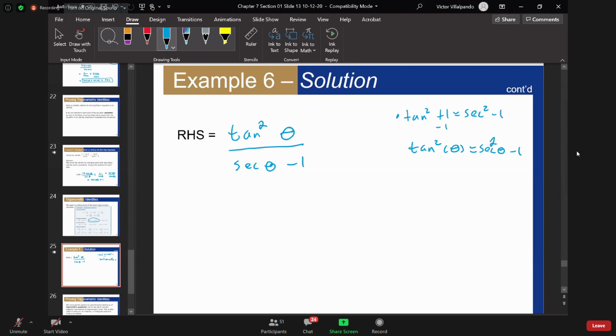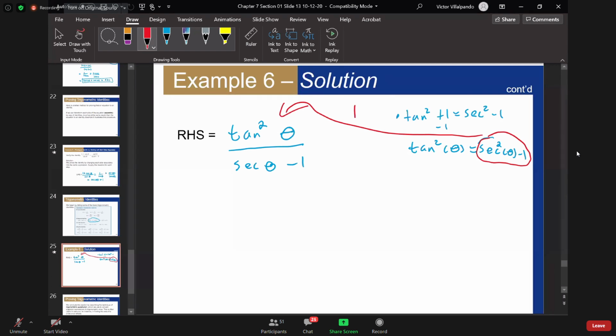Do you see what I'm doing now? It's virtually the same thing, but I'm working with another one of Pythagoras' identities. It's minus 1. So do you see what I'm going to do now? I'm going to change this for that. Does that make sense?